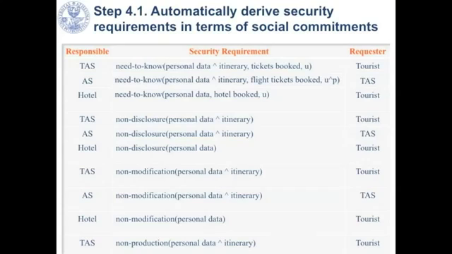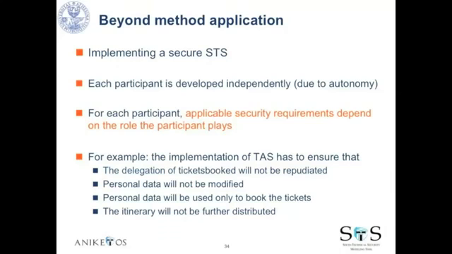How can we actually use the security specification that we have in modeling a secure socio-technical system? This is just to give you an idea, not that you are going to use this for the application of the method.